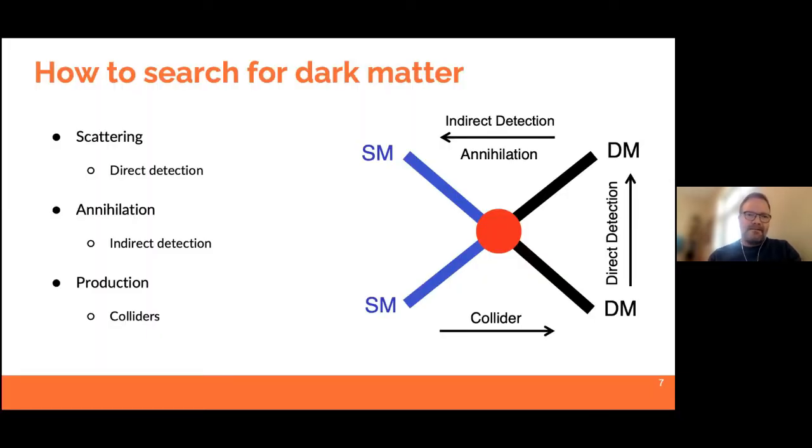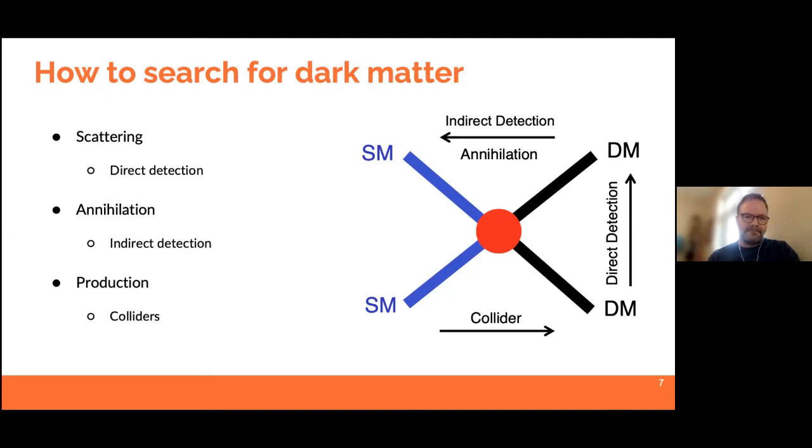So how do we go about searching for dark matter? I'm sure you've seen this diagram many, many times. There are different ways, and I will talk about the two at the top here. One is scattering, which is what we call direct detection. A dark matter particle interacts with our standard model matter, but it just scatters off and transfers some energy and momentum.